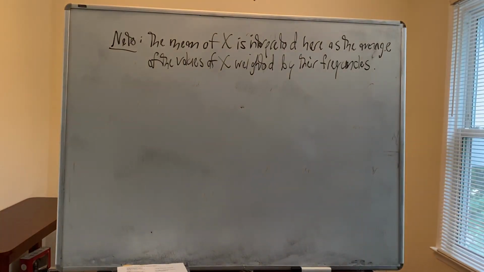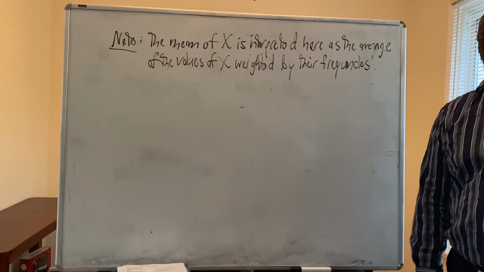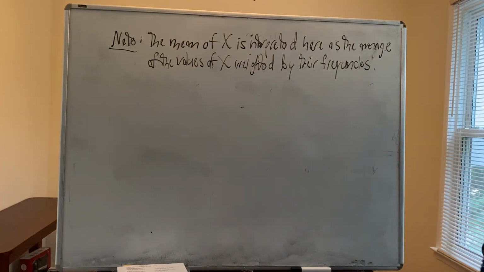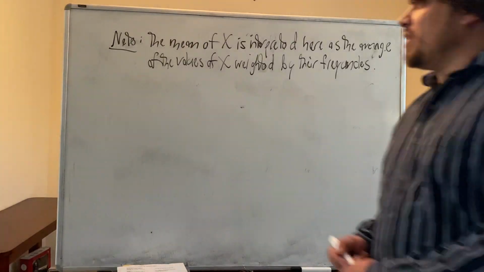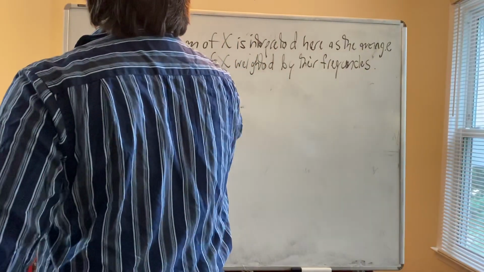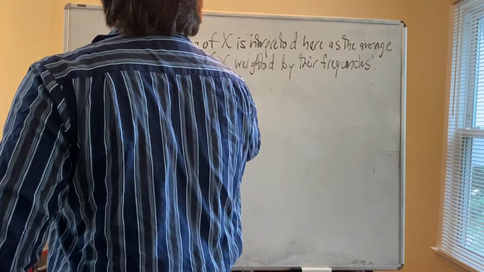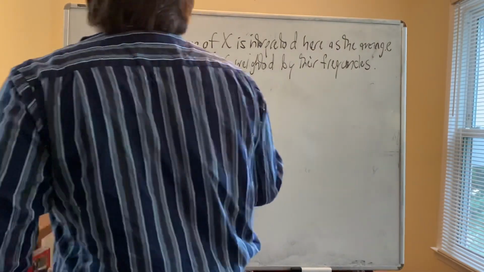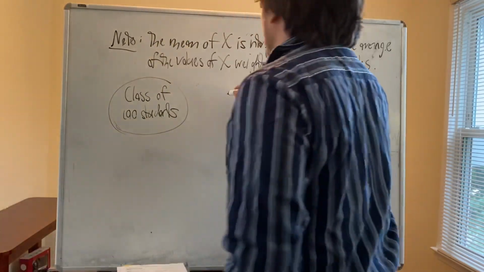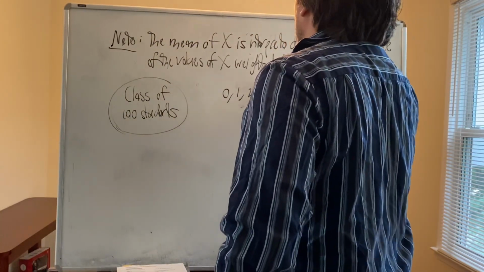Okay, so the mean of x is interpreted here as the average of the values of x weighted by their frequencies. Okay, so what do I mean by that, right? So even in the last example, if you have a class of 100 students, and again, that class could get number grades of 0, 1, 2, 3, or 4.